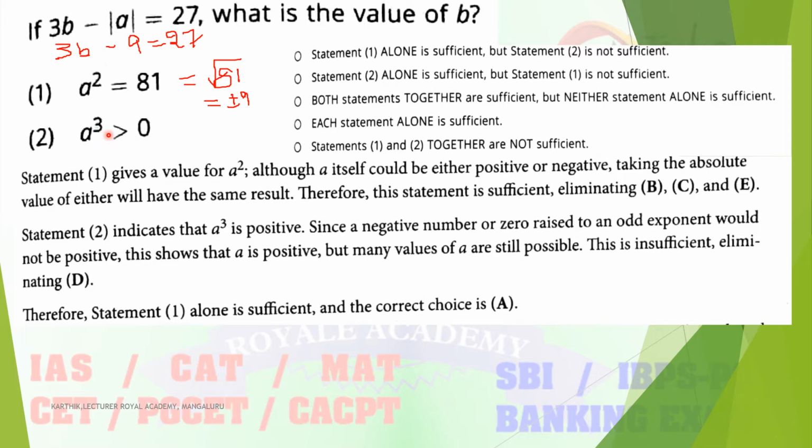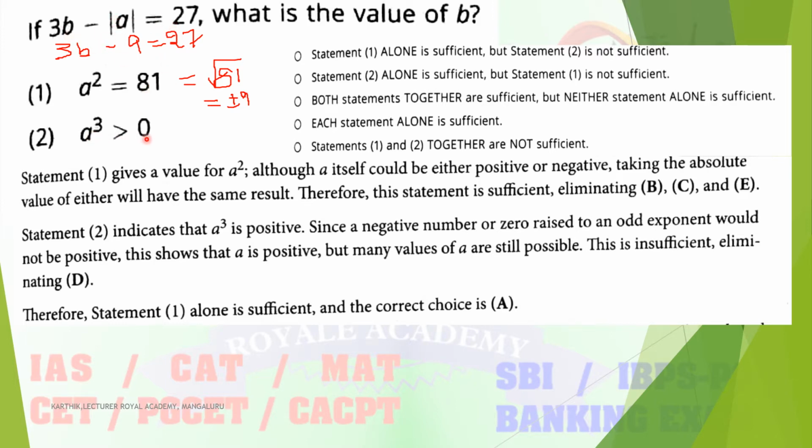If you choose 8, 8 is 2 cube, so a is 2, and you will get a different b answer. If you choose 9, 27 is 3 cube, so a is 3, you will get a different answer.